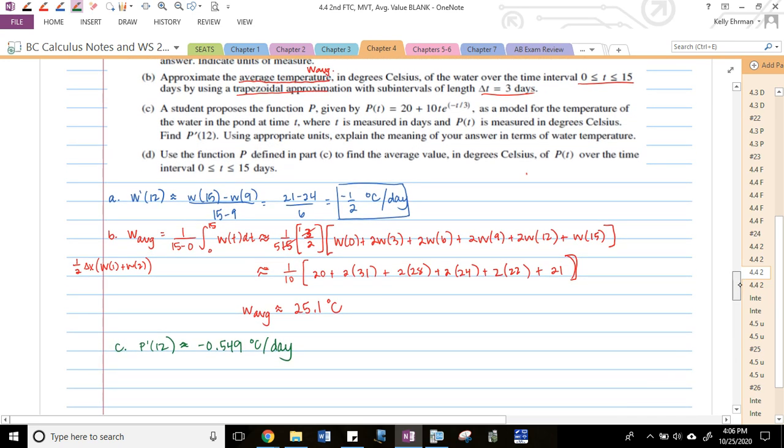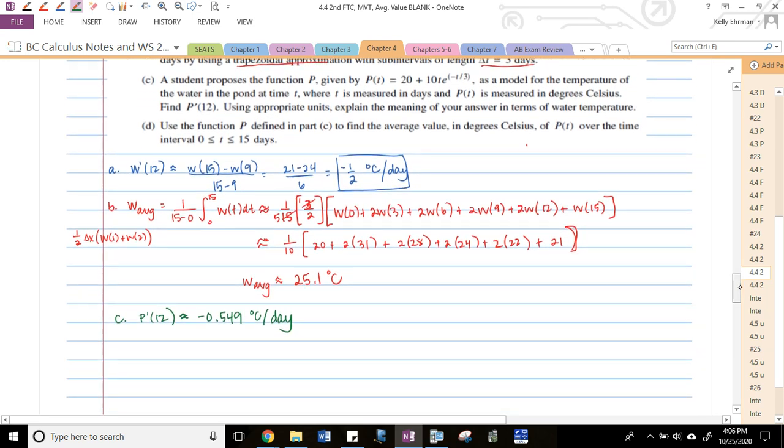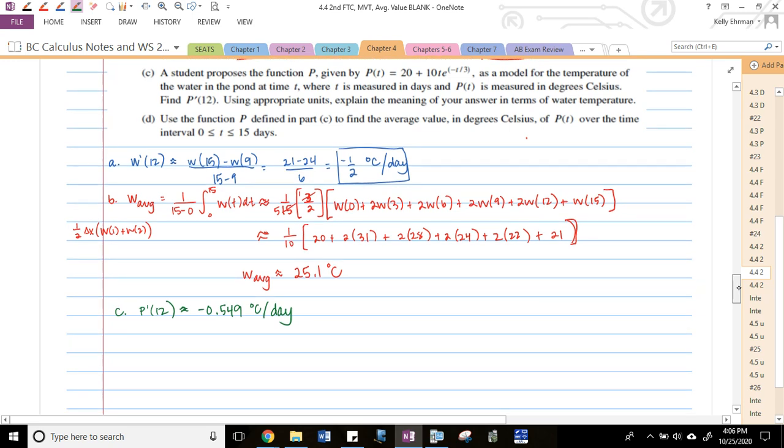It says using appropriate units, explain the meaning of your answer in terms of water temperature. So remember, this is the derivative, which is the tangent slope, also known as a rate of change, instantaneous rate of change. You need context.